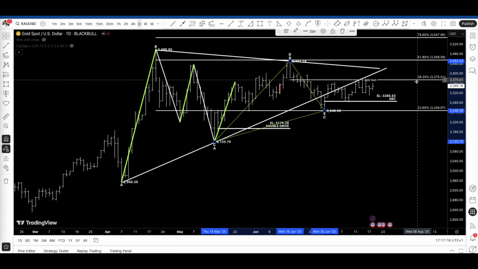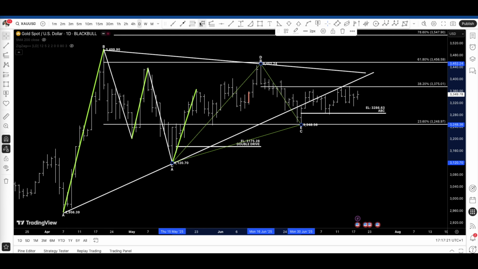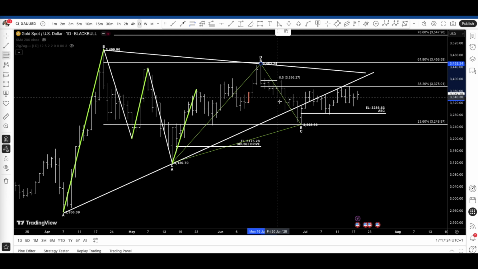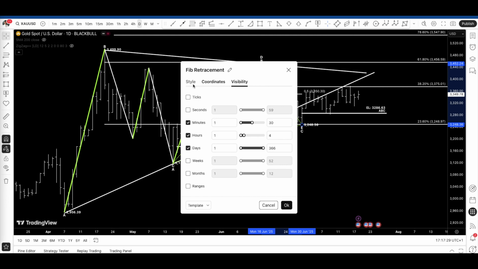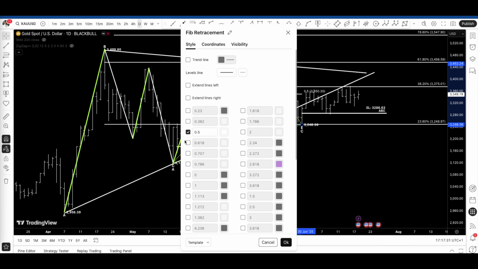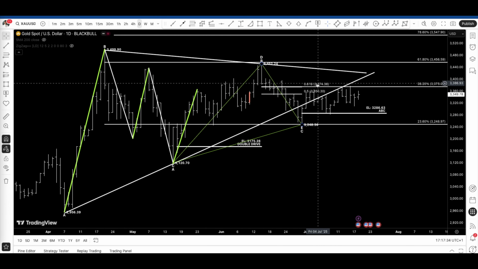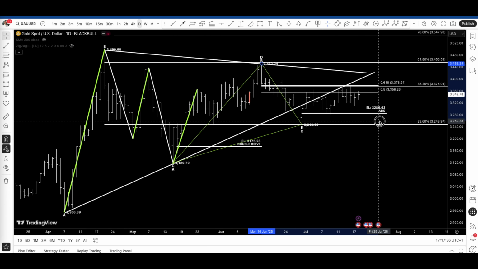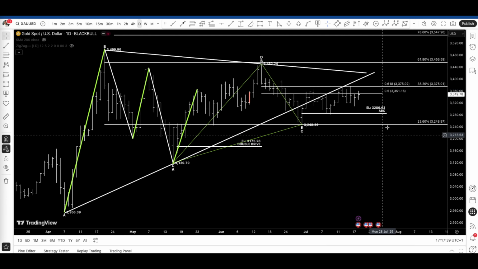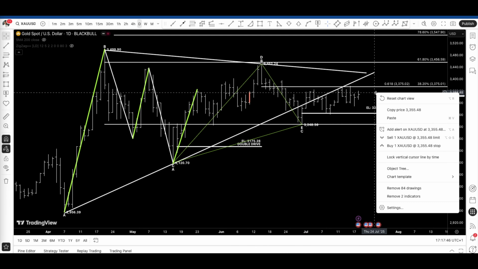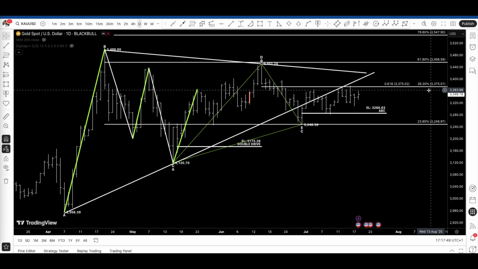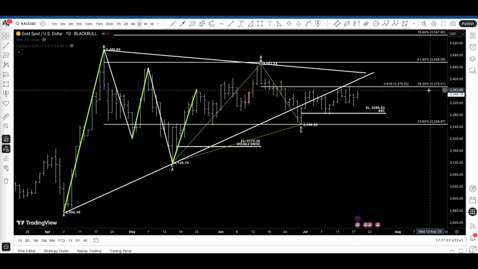Yeah, because it's respecting. We have a retracement of about the 61.8. That will be a 61.8. The price needs to break very convincingly 3,375.